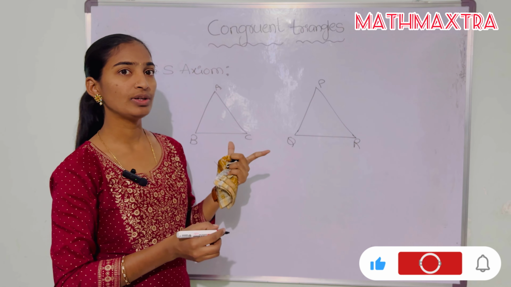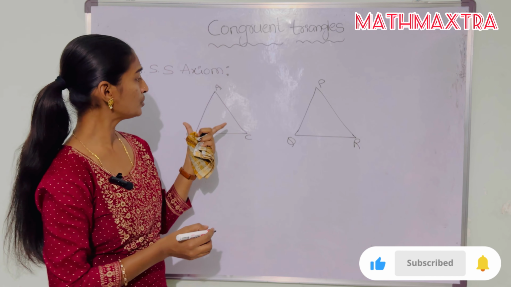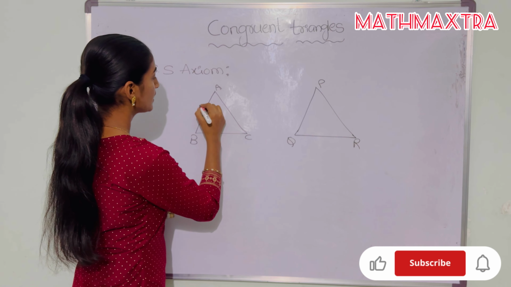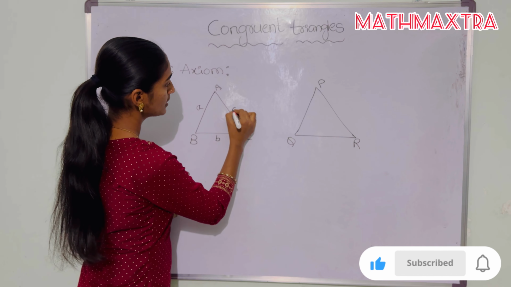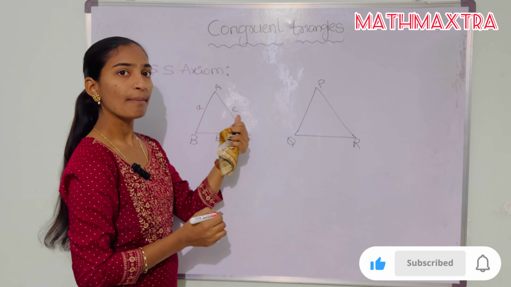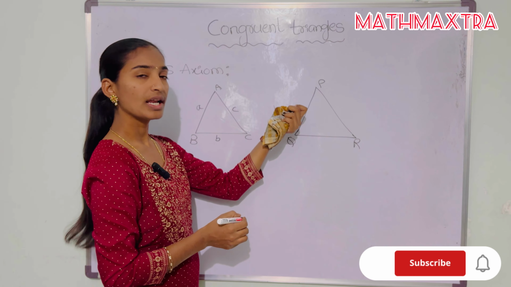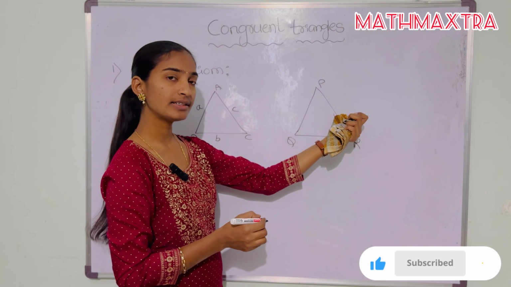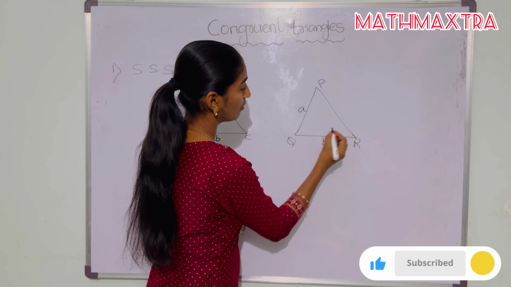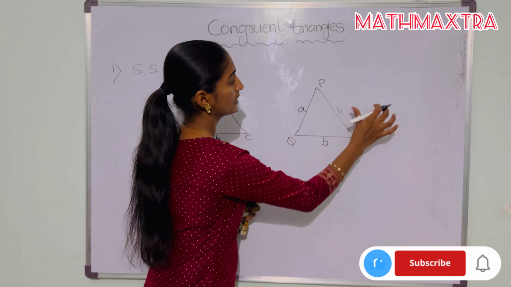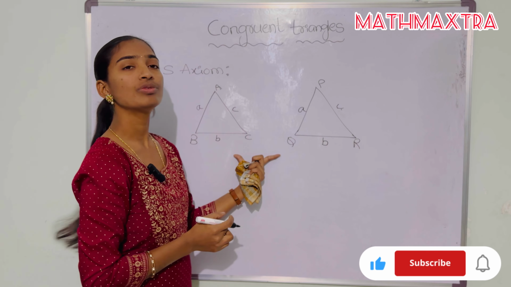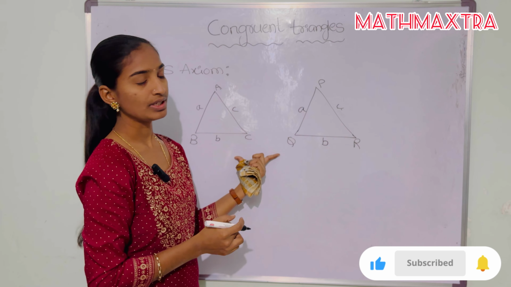So what you all need to do? You should identify whether the three sides, so this is some A, B, C of length. These lengths of these three sides must be equal to corresponding lengths in the other triangle. That is, this is also side length of A, B, C. Then we can say these two triangles are congruent to each other.